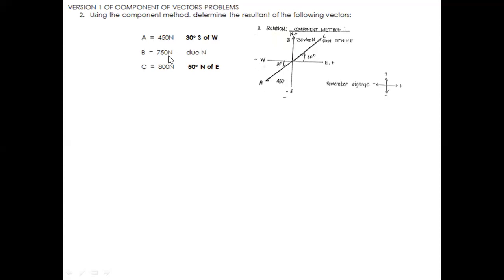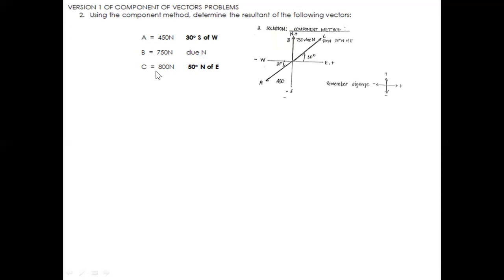For vector B, 750 newtons due north, so it just points upwards. So this is 90 degrees. So this is force B, 750 newtons due north.